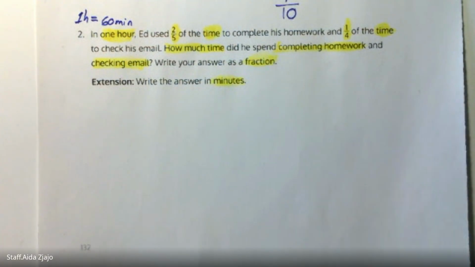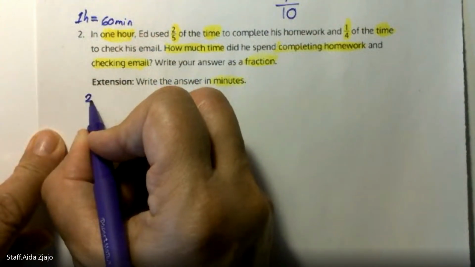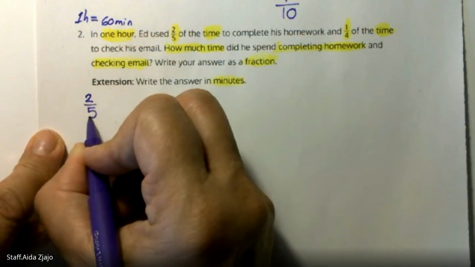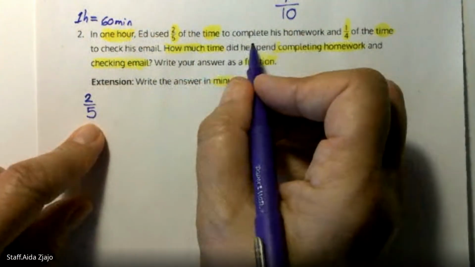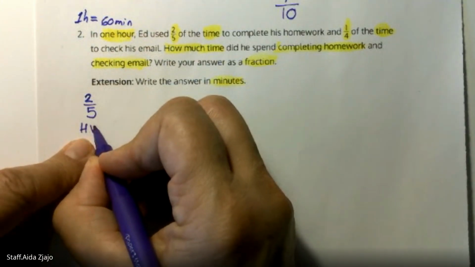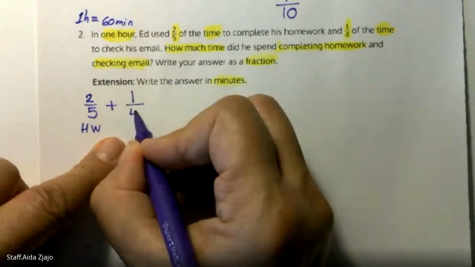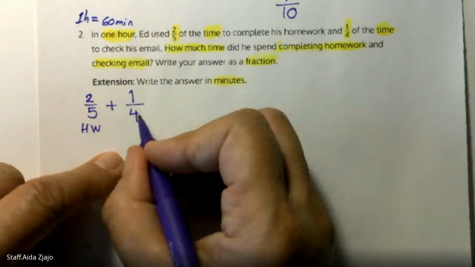So let's talk about that. So we have, imagine that this is 2/5 of the hour were homework, okay, plus 1/4 of an hour was checking email.